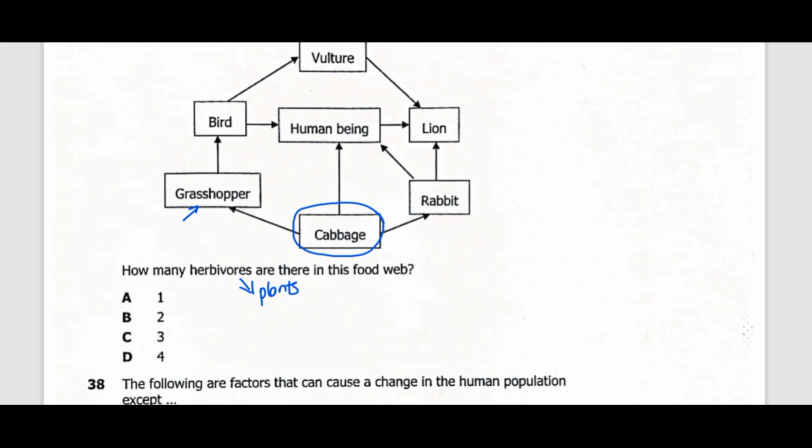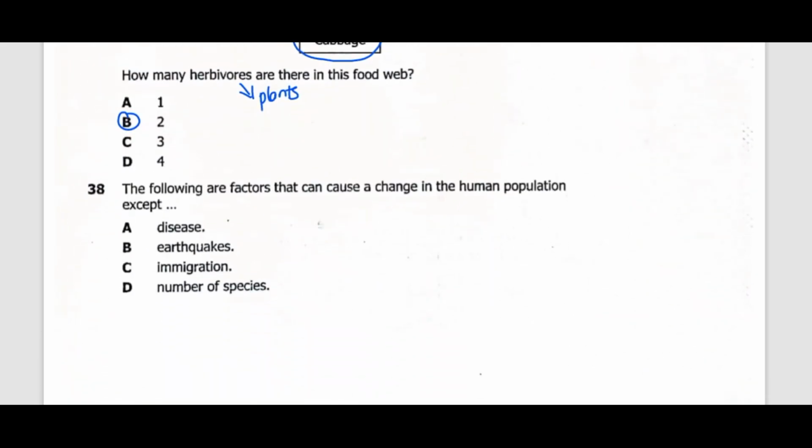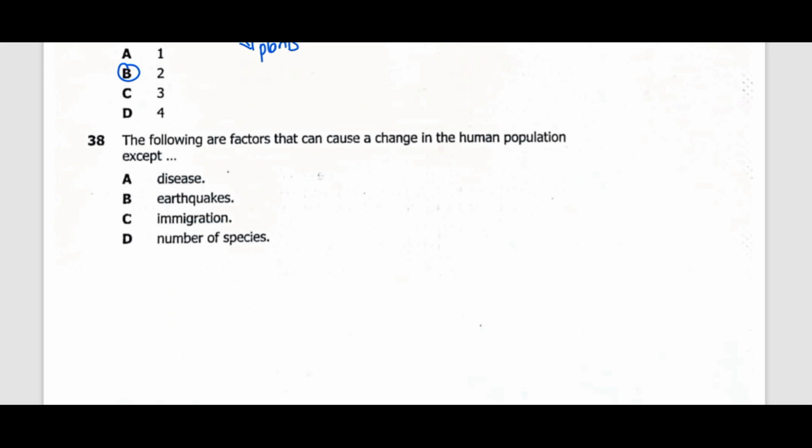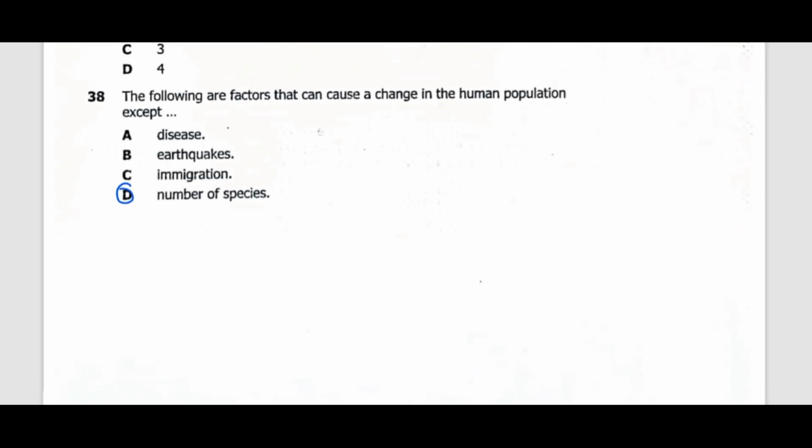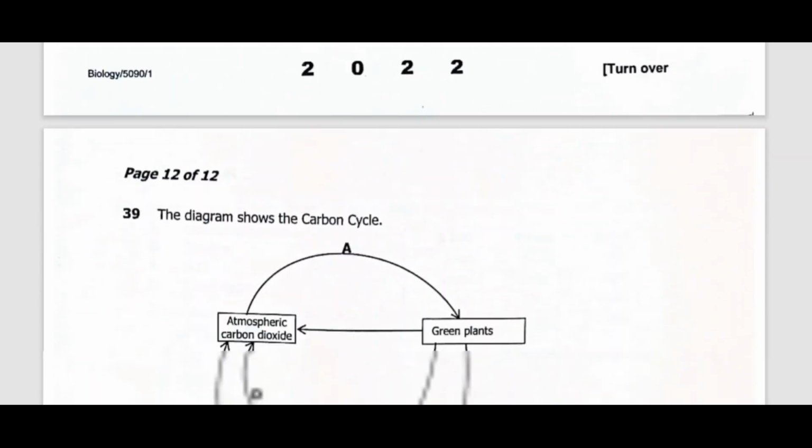So grasshopper and rabbit. So we only have 2. Question 38. The following are factors that can cause a change in the human population, except A, disease, changes; earthquakes, changes; immigration, changes; number of species, no changes. So that is the answer.